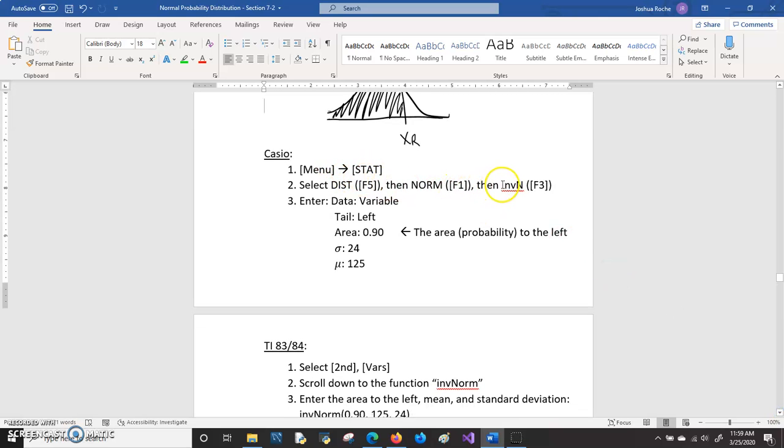It will take you to the function inverse norm. It'll ask you for a tail, and you can select right or center. I would just always leave it as left. So left. For the area, that's the area to the left of XR, and that area is 0.90. So put 0.90, put in the standard deviation, put in the mean.